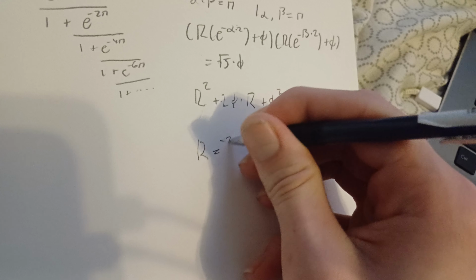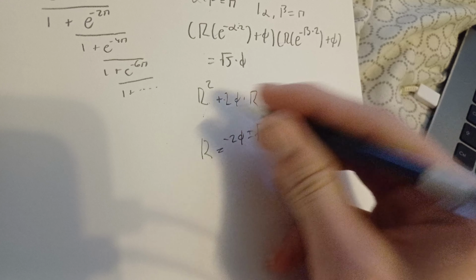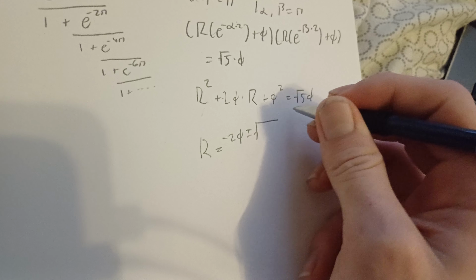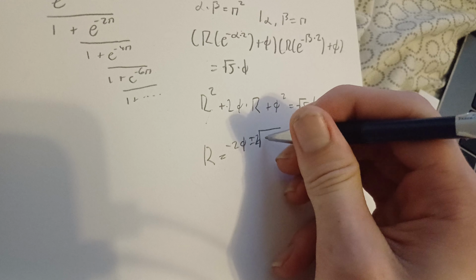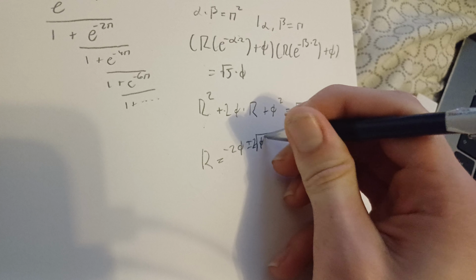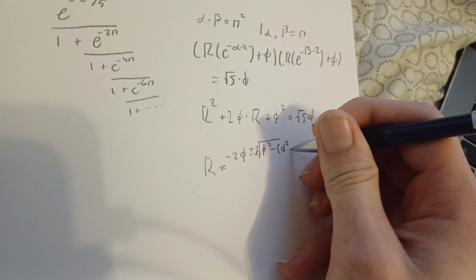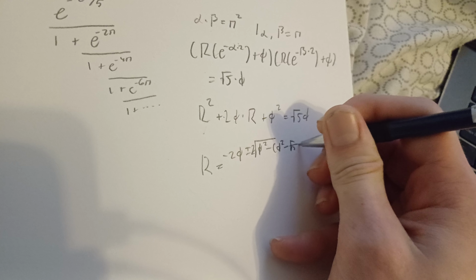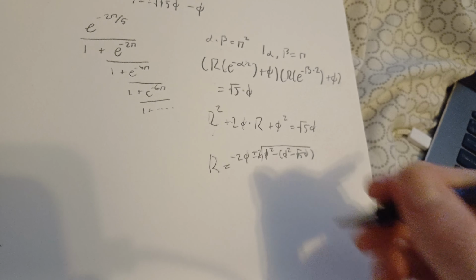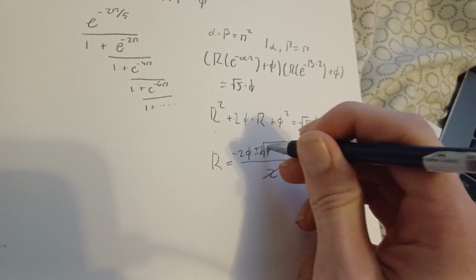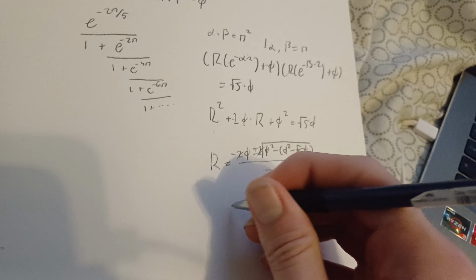And you'll just get minus 2 times the golden ratio plus or minus the square root of, you'll bring out a fourth, you'll get a 2 in the front, and you'll get golden ratio squared minus golden ratio squared minus square root of 5 golden ratio, and these cancel out, and the 2's cancel out in the bottom, and you'll just get the result.